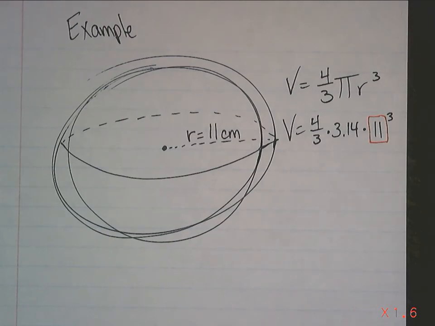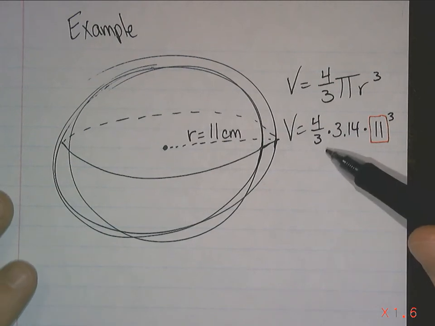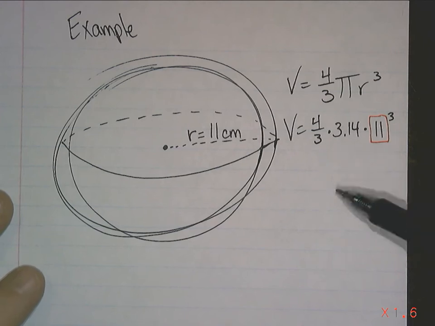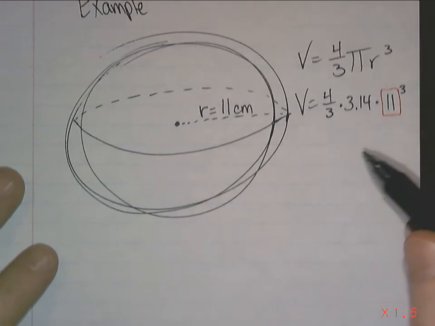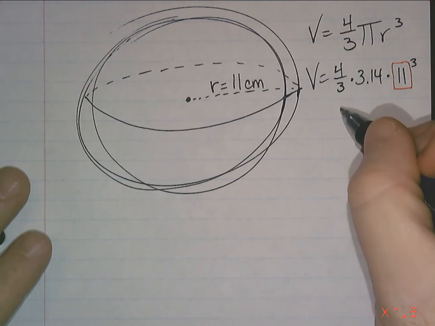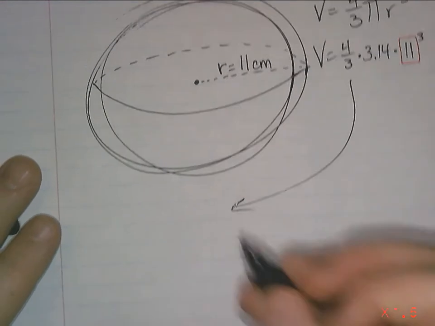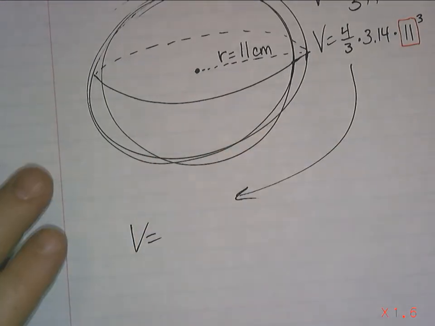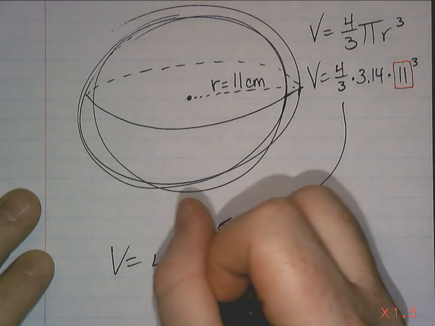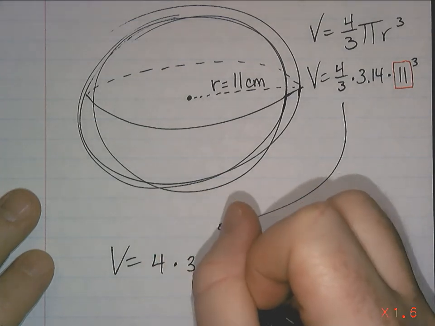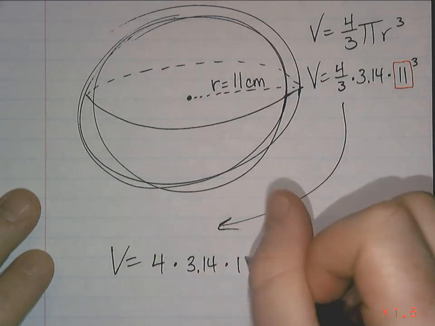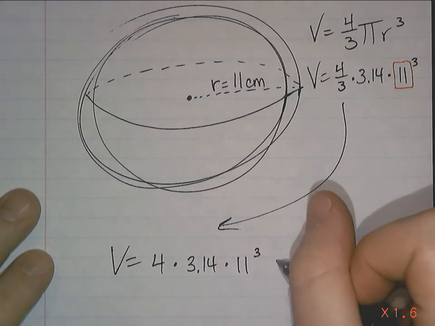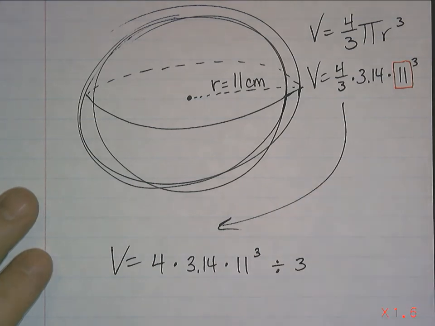You solve it. So the way I do it is, instead of doing 4/3, because that could be like 1.3 repeating, and I don't want to do that, it's a little crazy, what I typically do is this. I do volume equals 4 times 3.14 times 11 cubed divided by 3.